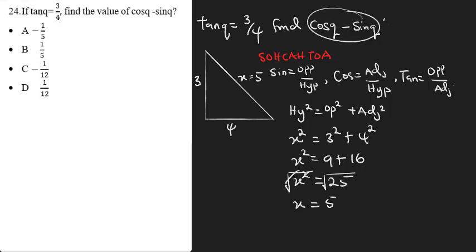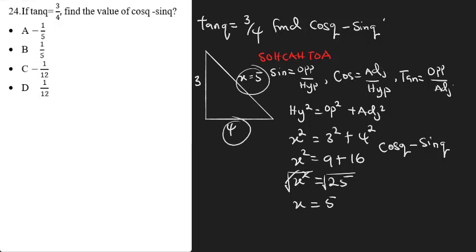So if this place is 5 now, we will be able to get our cos q minus sin q. So what is cos q? Cos is adjacent over hypotenuse, so it will be 4 over 5. 4 over 5 minus sin q, which is what?